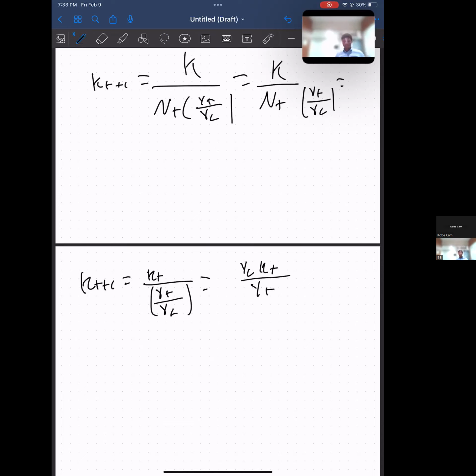Okay, so are we done? Not quite, because we still have to put everything into per capita capital terms.